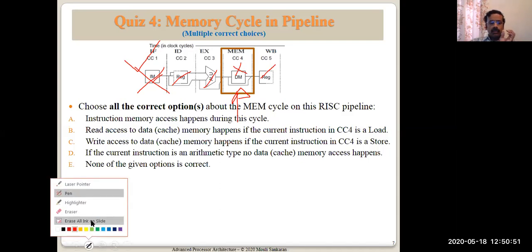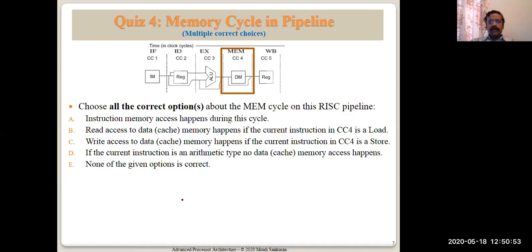Let me explain one more thing. At this moment, you ECE students are sitting in this class. At the same time, CSE students are sitting in some other class. If I ask you a question, during the ECE cycle, the software testing course is getting conducted, and I say it is not correct, it is because it is happening during the CSE cycle, not during the ECE cycle.